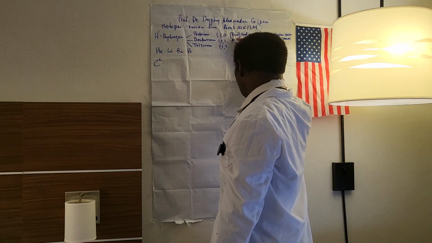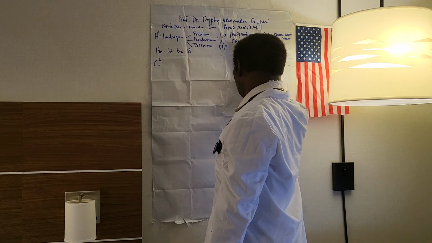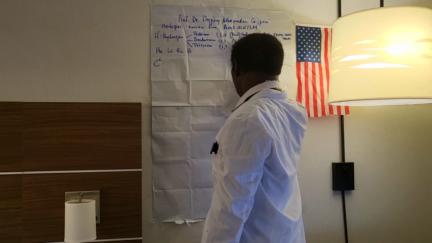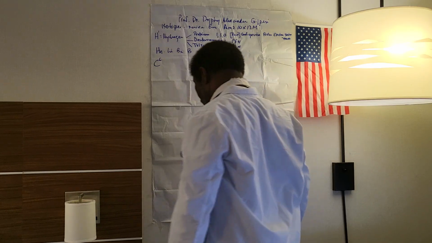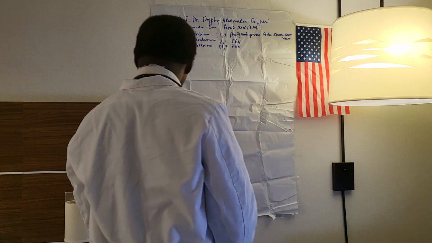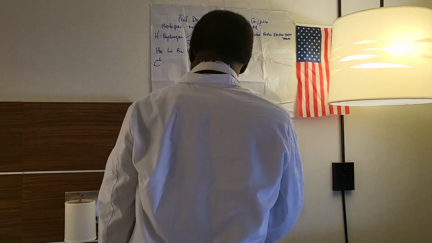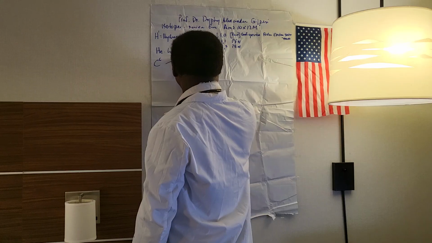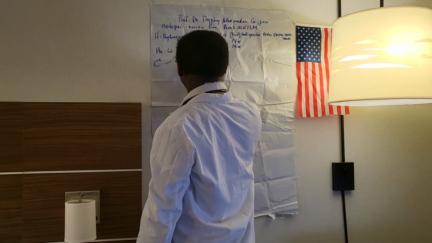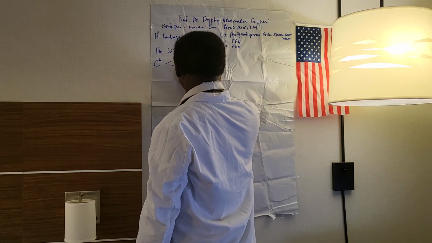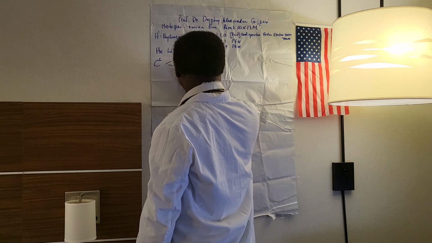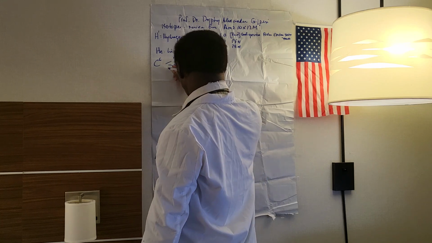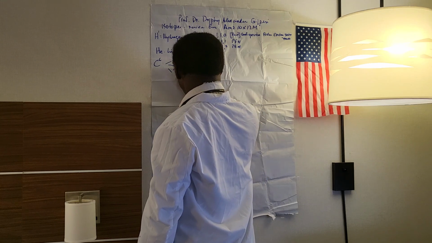Okay. So carbon 6, and we'll look at the isotopes of carbon: carbon 12, C13, and C14.